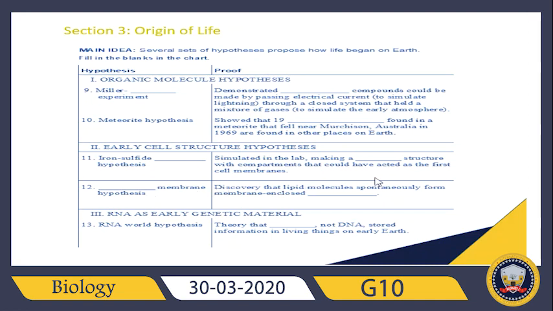Discovery that lipid molecules spontaneously form membrane-enclosed spheres. For the last hypothesis, the RNA as genetic material, RNA world hypothesis: the theory that RNA, not DNA, stored information in living things on early Earth.